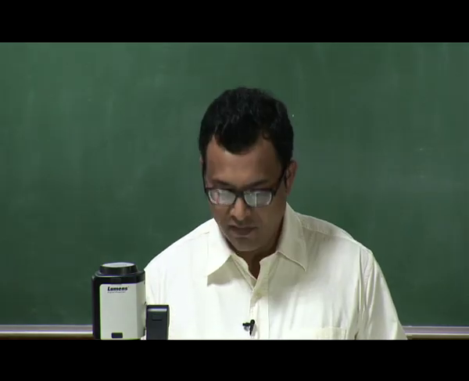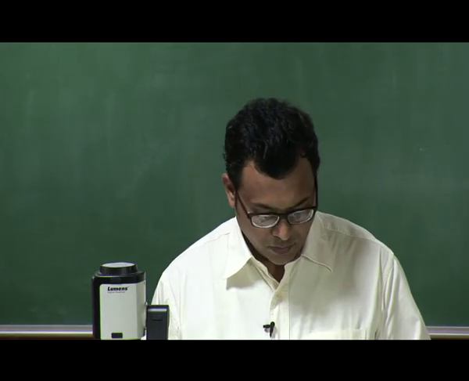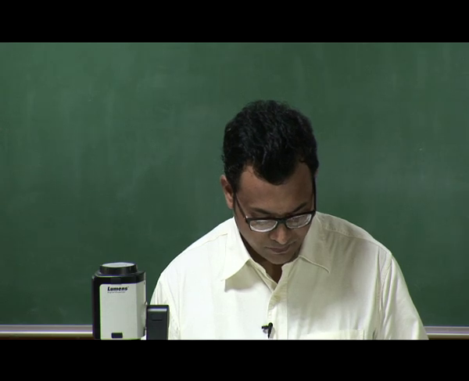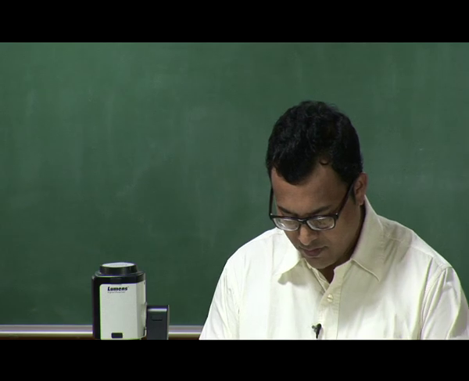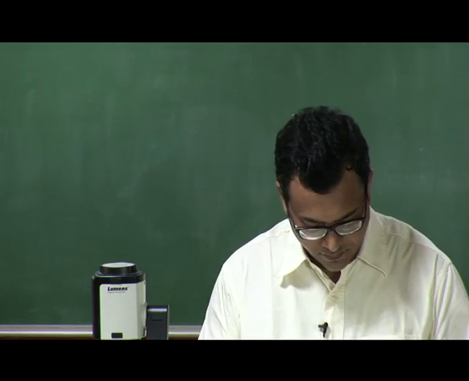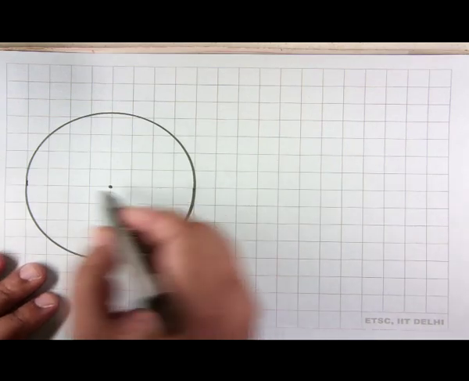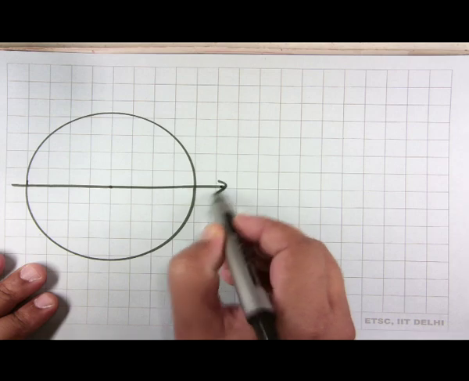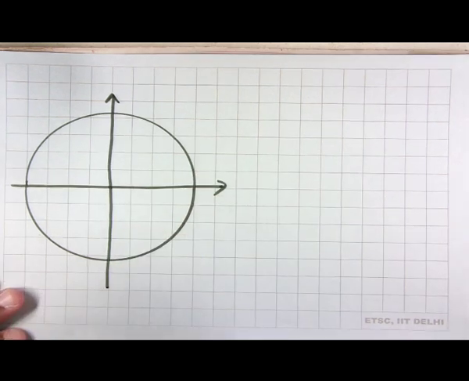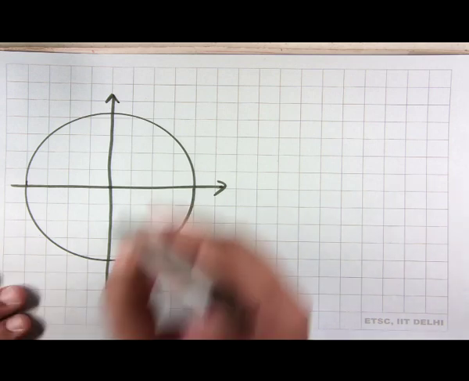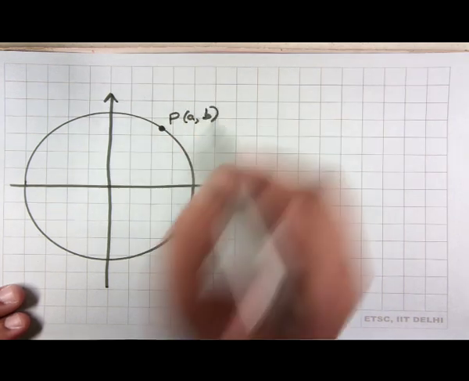Given that we have defined these functions, we can discuss some properties that they satisfy. If we go back to the previous slide where we had drawn the circle, let me draw a circle for you right now. This is the x axis and this is the y axis, and we had drawn this point P with x and y coordinates as a and b respectively.